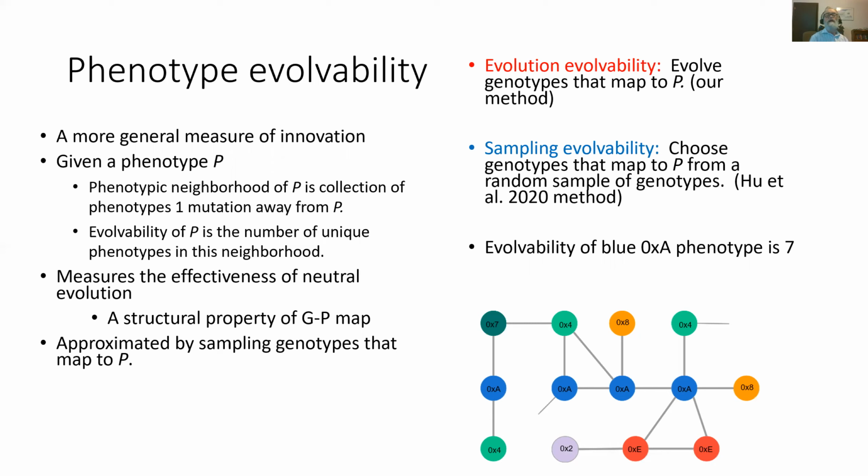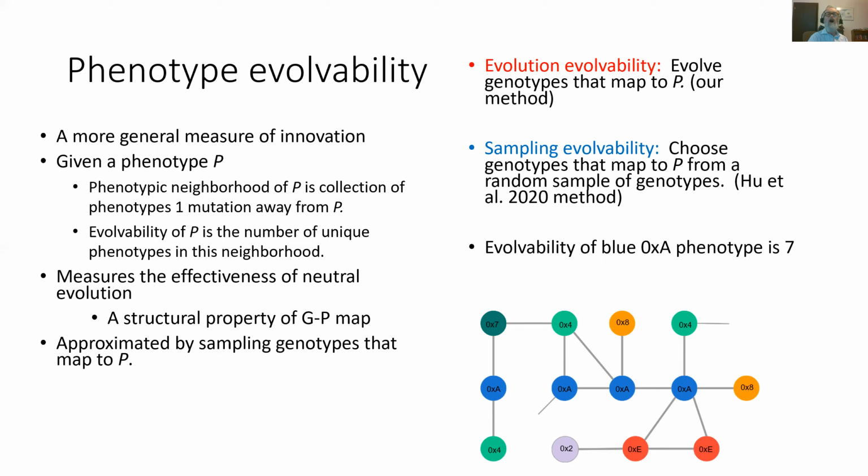How many unique phenotypes can you discover by sampling random phenotypes? Phenotype evolvability cannot be computed exactly in any realistic case, so it must be done by sampling. And we explore two methods of doing this.